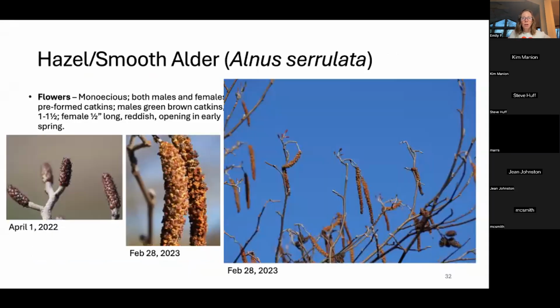Still in the water stream edges area, we have the hazel or the smooth alder, and these are the female flowers over here. They almost look like bottle brushes. And all these little hairs that you see coming out on either side of these, those are the stigma that are just hanging out, looking to catch that pollen.